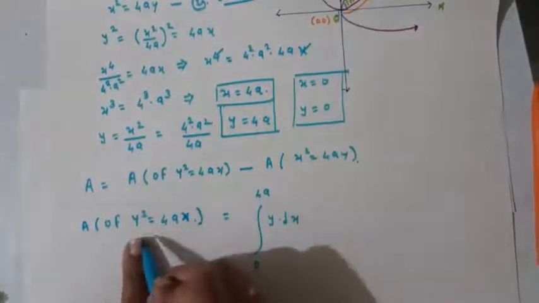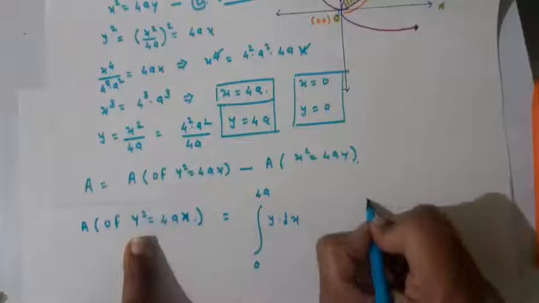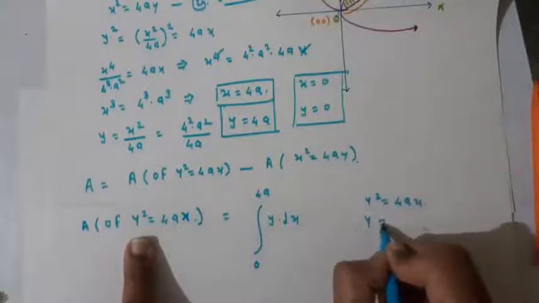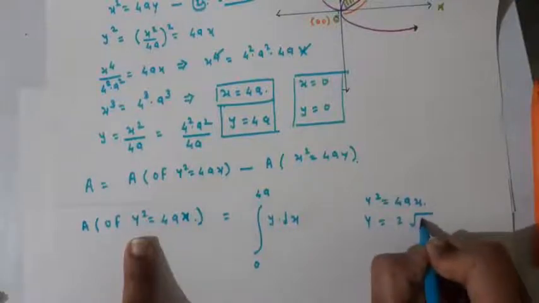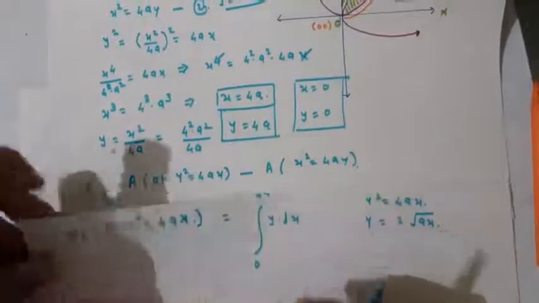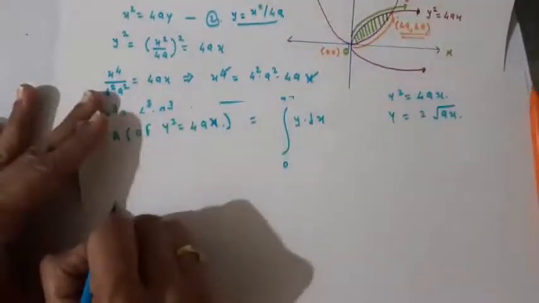So what is the curve? That is y square equal to 4ax. This implies y equal to 2 root ax. Okay.